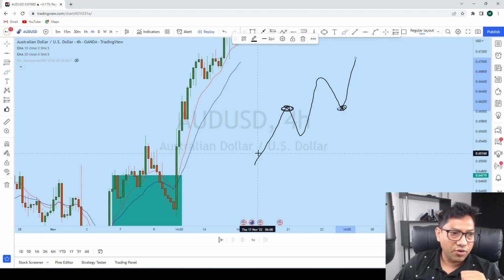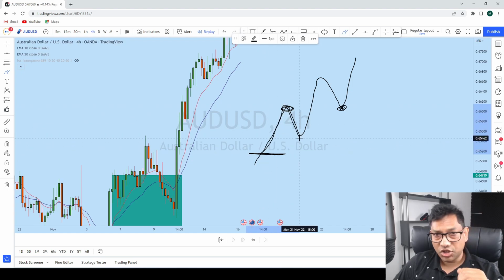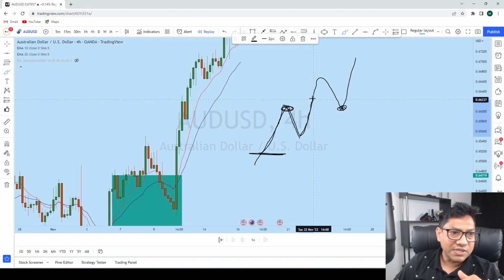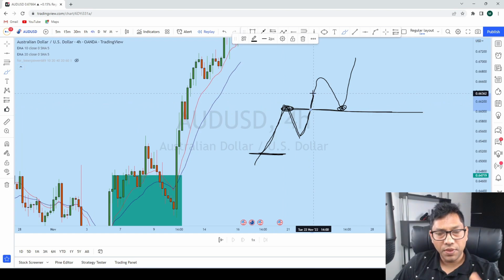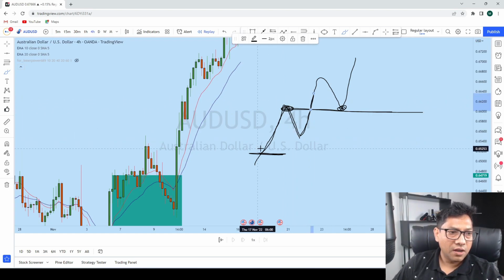Now if your entry is at this point here, and you saw that the price created this impulse, came back for the correction, you wait for the price to do the correction, and then once you see the previous swing high is broken and a candle closes above, most traders bring their stop loss here.